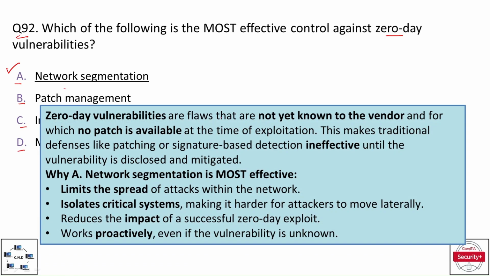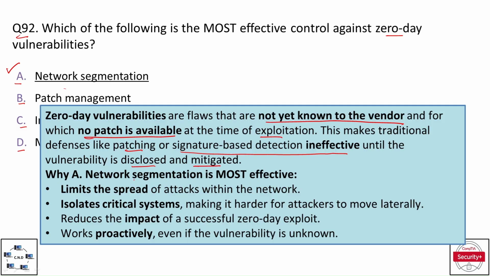Zero-day vulnerabilities are flaws that are not yet known to the vendor and for which no patch is available at the time of exploitation. This makes traditional defenses like patching or signature-based detection ineffective until the vulnerability is disclosed and mitigated.